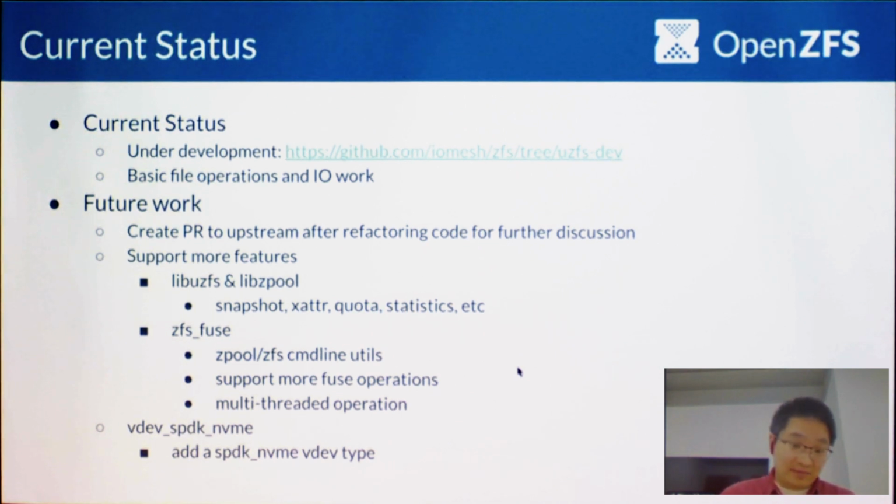And to support more features, because currently we did some fake kernel emulation, which caused some features to not work, like snapshot, extended attributes, quota statistics, and so on. So we need to support them further.